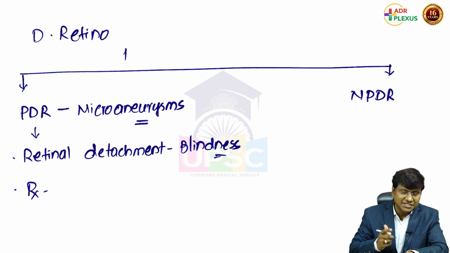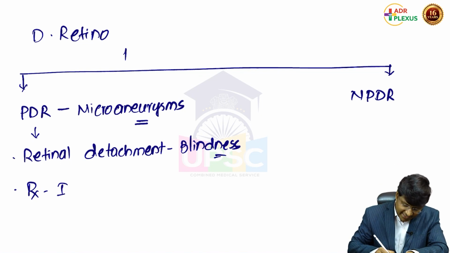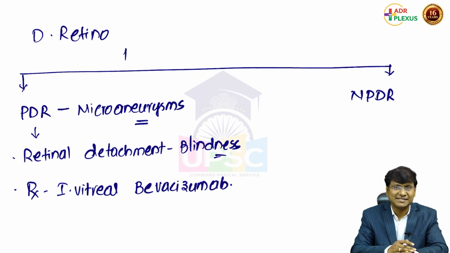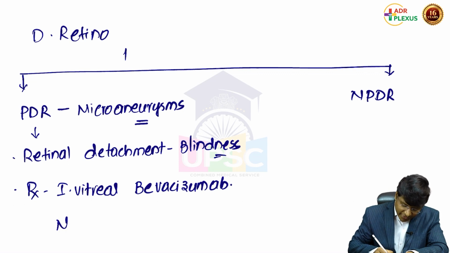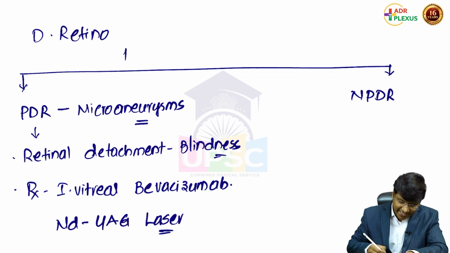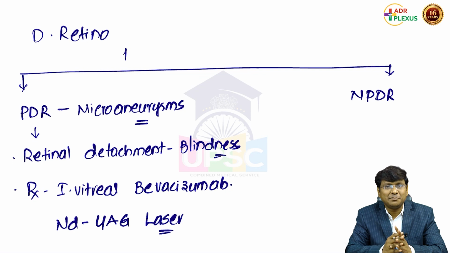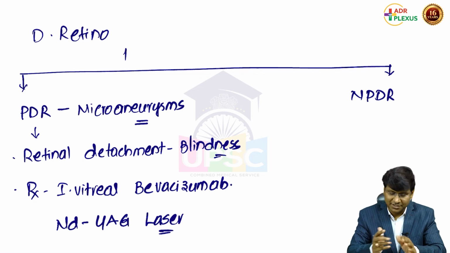By injection of intravitreal bevacizumab, or you can also do Nd-YAG laser. So this is the treatment for proliferative diabetic retinopathy.